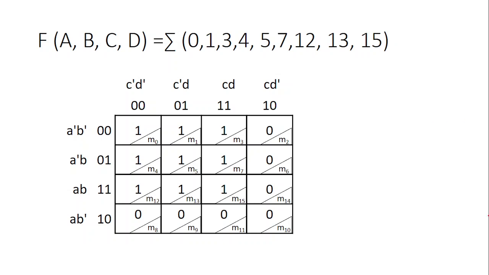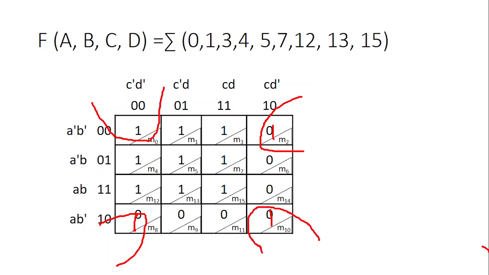Also, if you have 1 here, you can group this one with the other side one. It is allowed. Similarly, if you have 1 here, you can group them like this. Also, if you have all ones, here one, here one, here one, and here one, you can group all of them and make them as one quad. 4 is called as quad.